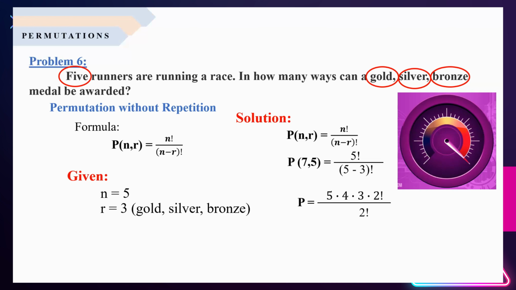Okay? So, 5 minus 3 is 2. So, cancel natin ang numerator na 2 factorial at ang denominator na 2 factorial. At ang naiwan na lang ay 5 times 4 times 3, which is 60 possible ways. So, therefore, yung 5 runners ay merong 60 possible ways para ma-awardan ng gold, silver, and bronze medal.